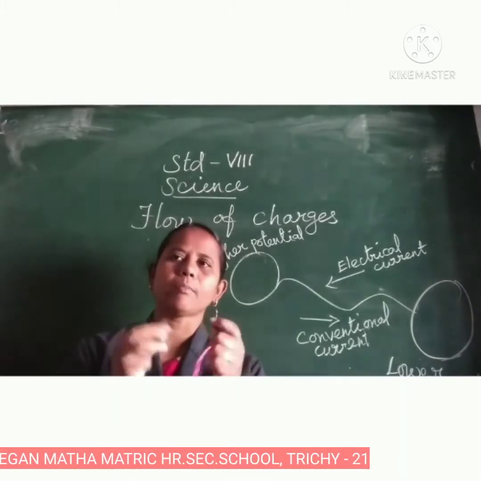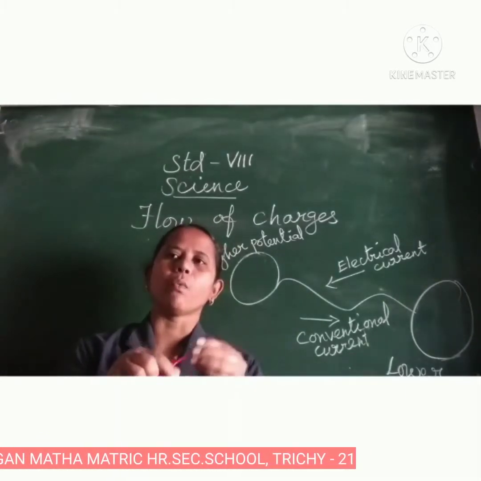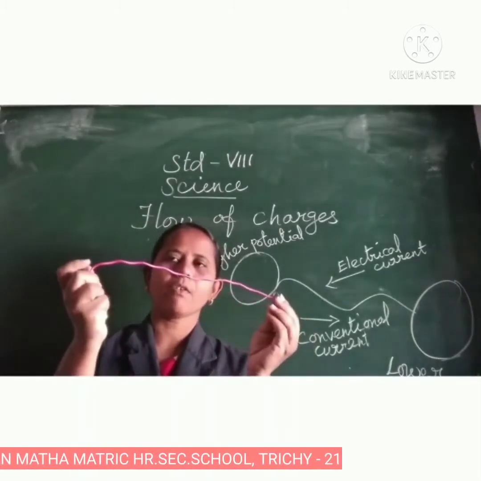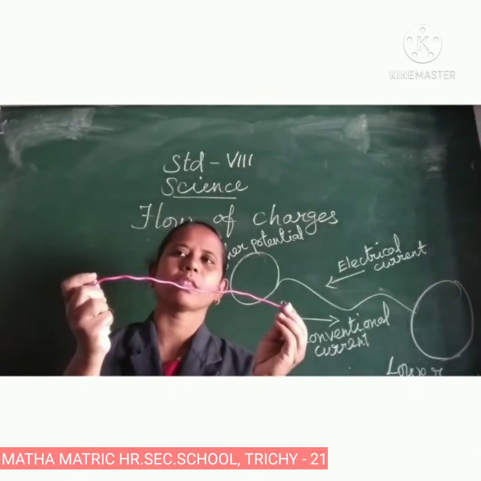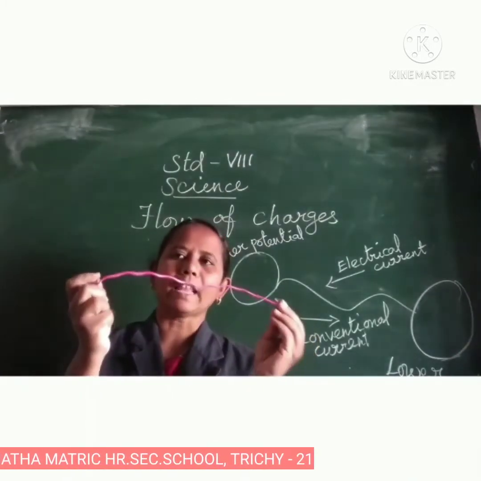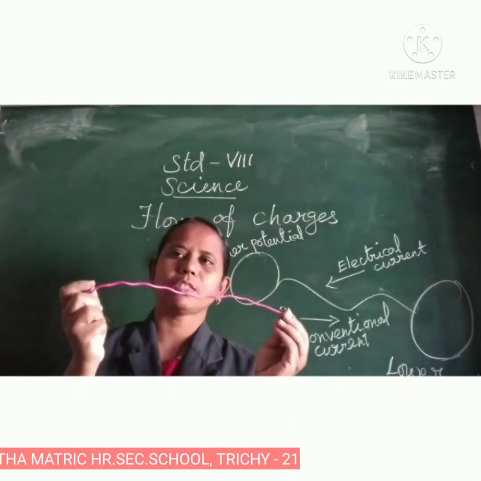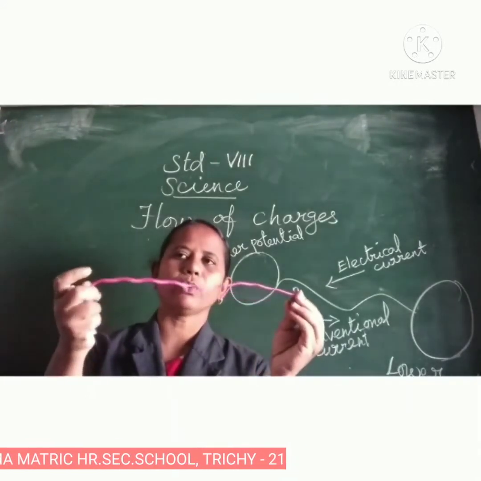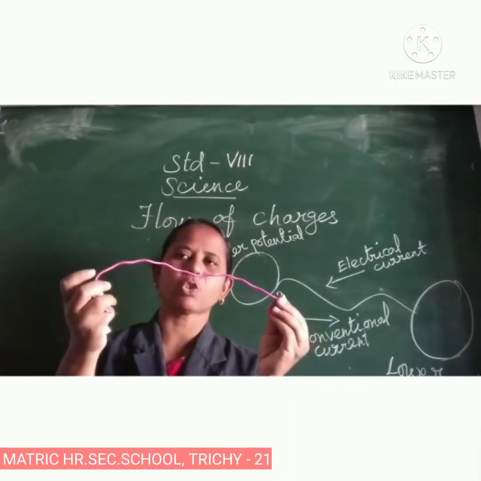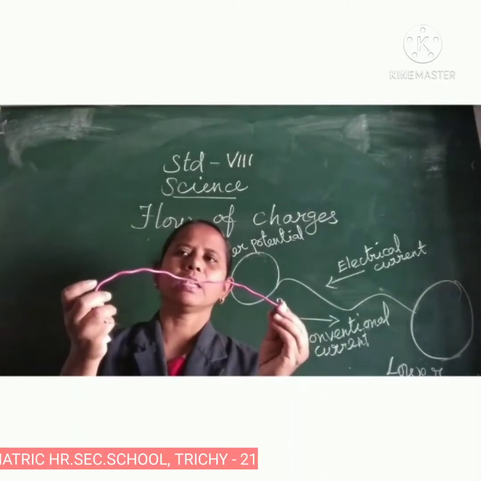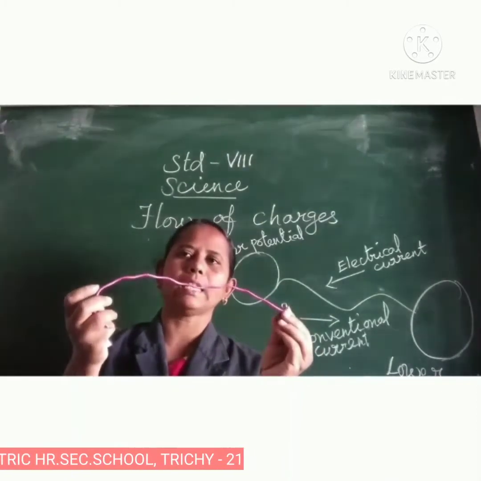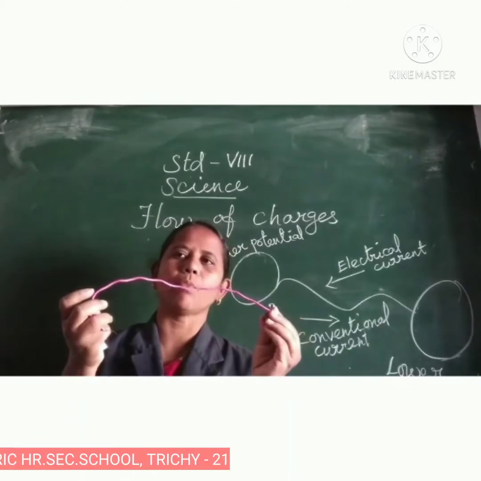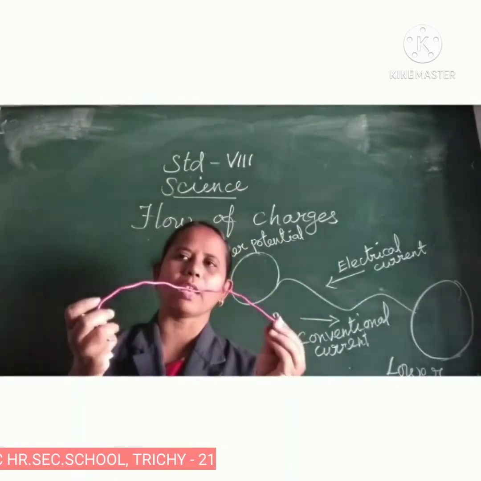When you connect them both with the help of wires, the electrons from the negatively charged sphere will start to flow towards the positively charged sphere. This flow continues till the number of electrons in both the spheres is equal.